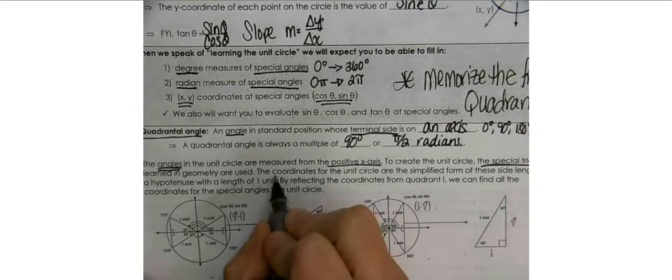The coordinates of the unit circle are the simplified form of the side lengths for the hypotenuse with a length of 1 unit. And then we're going to reflect the coordinates from quadrant 1, and we'll be able to find all of the coordinates for the rest of the special right triangles.